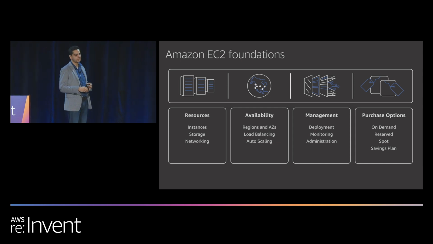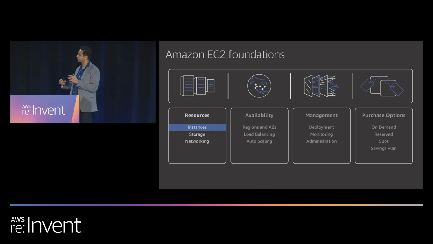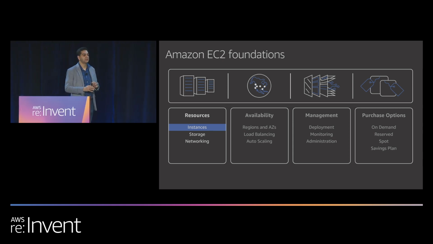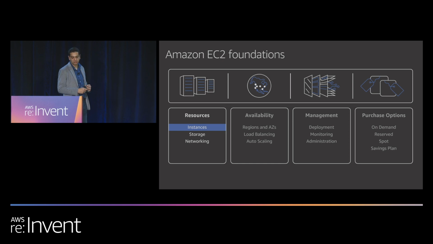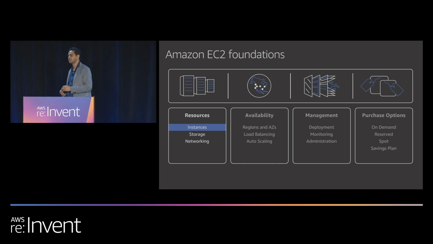Talk a little bit about management, and then we'll conclude by talking about purchasing options and how to optimize your spend on EC2. We're going to spend about 70% of our time talking about instances, because that's core of what EC2 does. And then we'll quickly breeze through the rest of the sections.